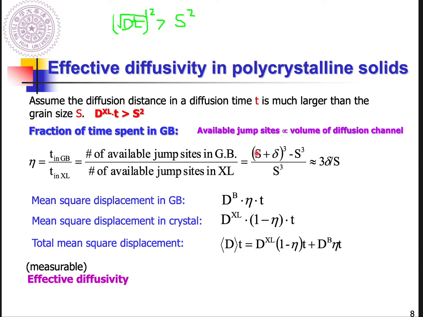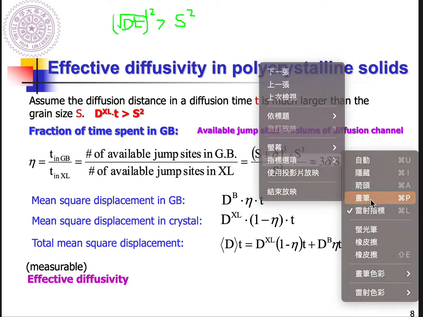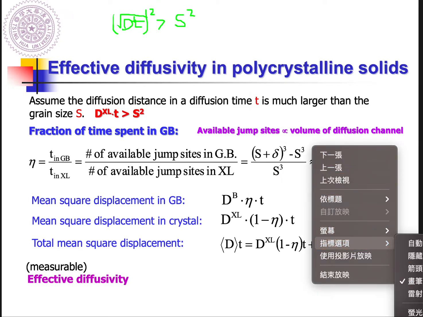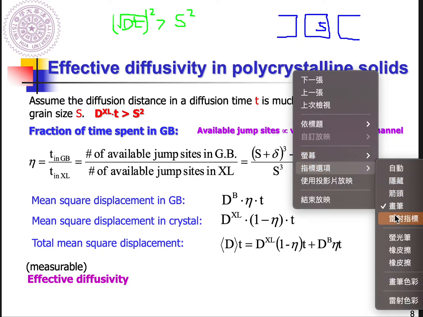Based on this concept, if we use a 3-dimensional model, we can draw this. If we have a grain here, the grain size is S. So the volume of the grain, in the 3-dimensional case, will be S cubed. To get the volume of the grain boundary, it will be like this.